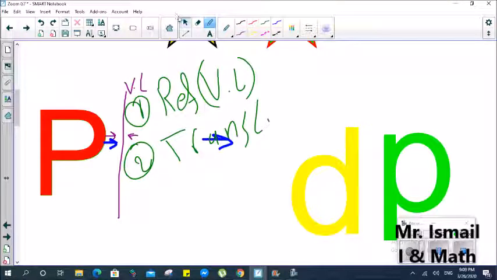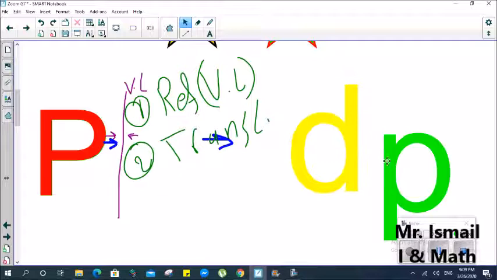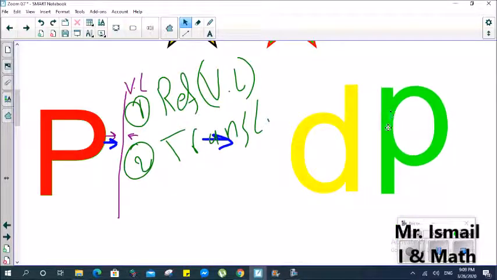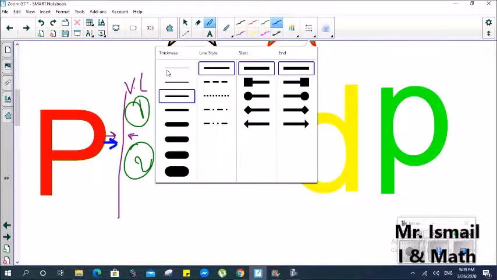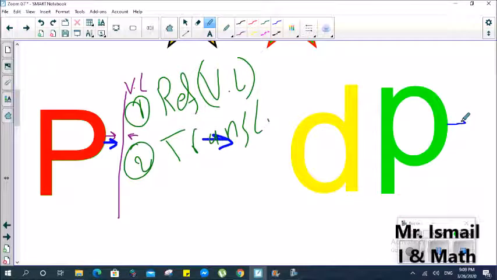Next one. D and P. I will do my arrow. This one here and this one here, right? They are opposite. Clear?